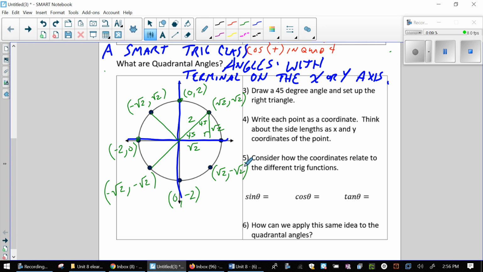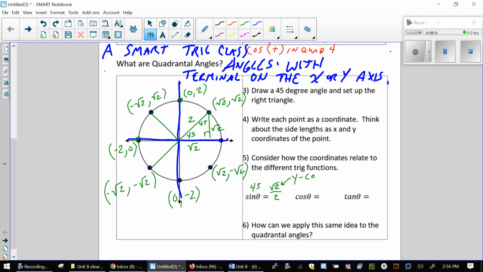I'm just going to focus on this right triangle that I drew. When I look at sine of theta, and in this case, we're going to look at 45, sine of 45 is going to be opposite over hypotenuse. And as you look at that, notice that opposite is always going to be your y coordinates.